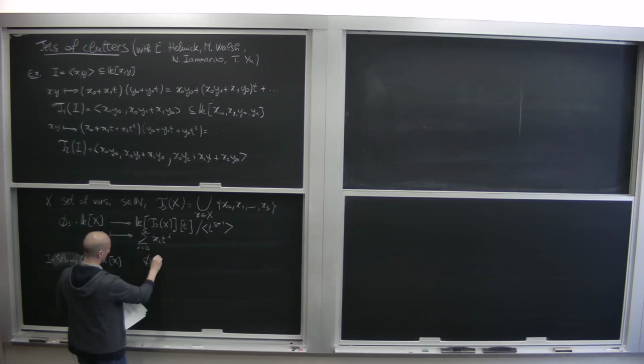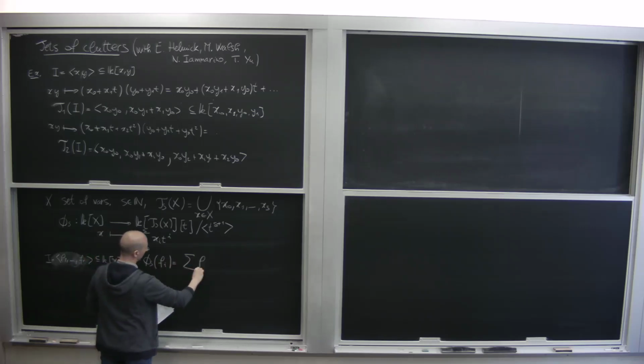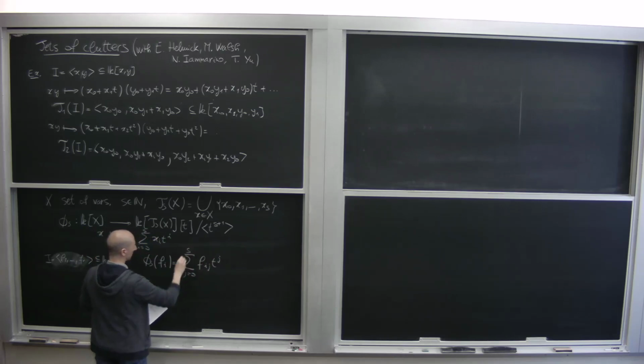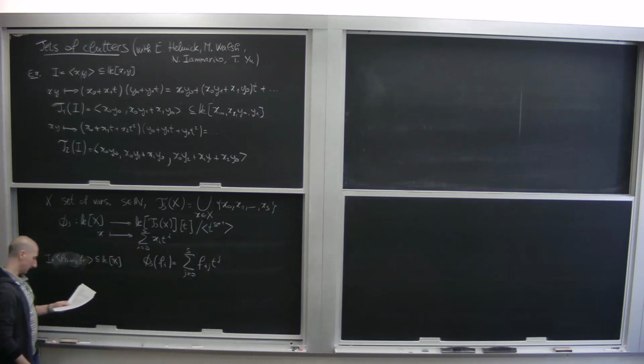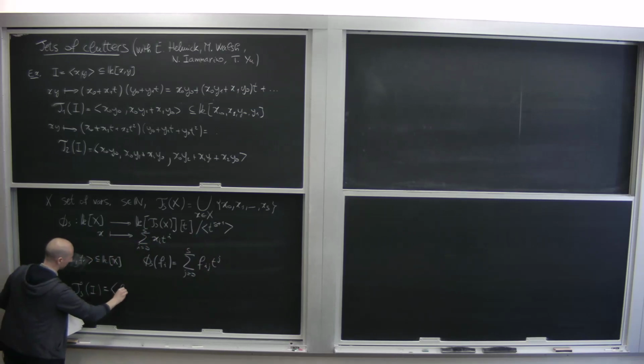So phi_s applied to F_i will give you something that you can write in terms of powers of t, with j going from 0 to s. We mod out by t to the s plus 1, so we don't care beyond that. And so we define the ideal of order s jets of I to be generated by these polynomials F_ij.